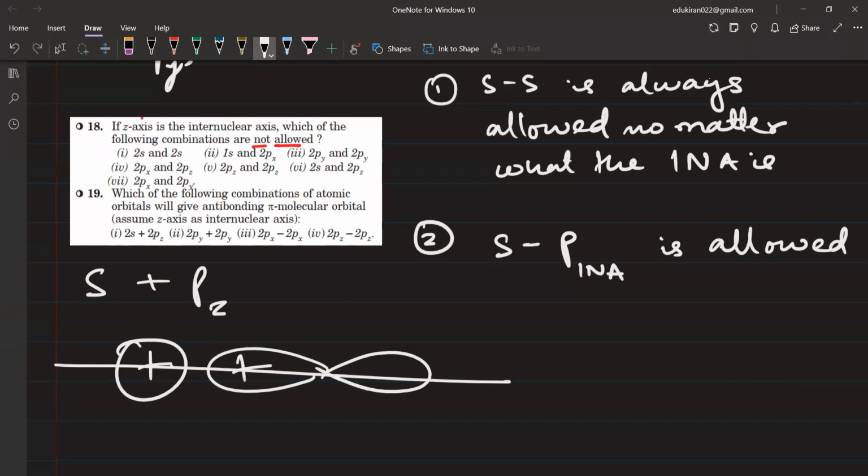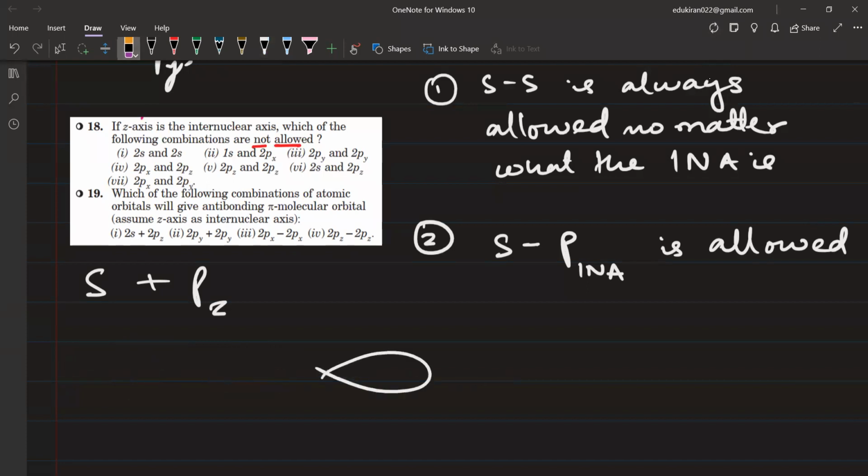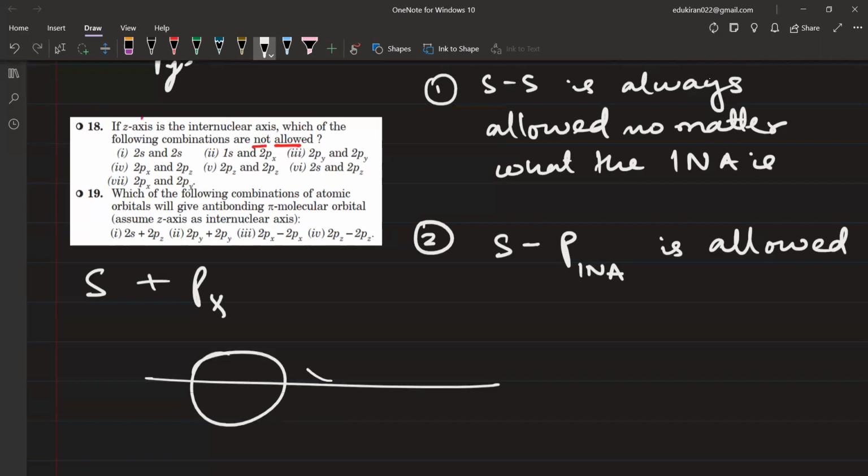If you have positive and positive, there can be a bonding or anti-bonding molecular orbital. But here we have S and 2px. S will be like this, this is my internuclear axis, and px is going to be like this, so it gives zero overlap. Half of the positive and half of the negative phase overlap with each other. This is not possible, it will not be allowed.